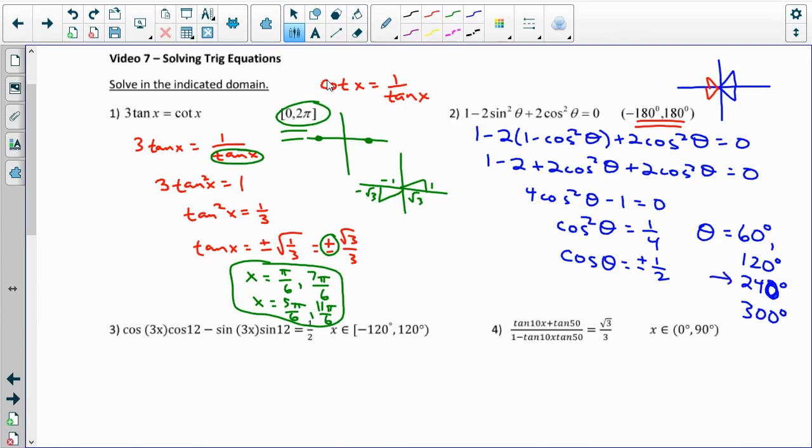So for these two answers, I actually have to subtract 360 from them to get the answers that I really want. So I have negative 120 degrees and negative 60 degrees. So I have 4 answers, and those are it, between negative 180 and 180.